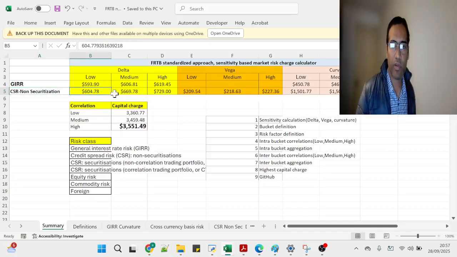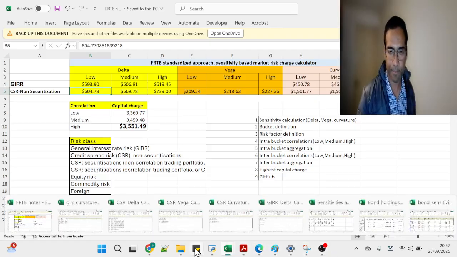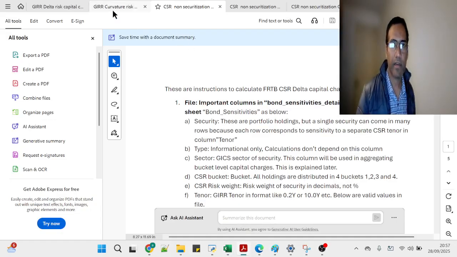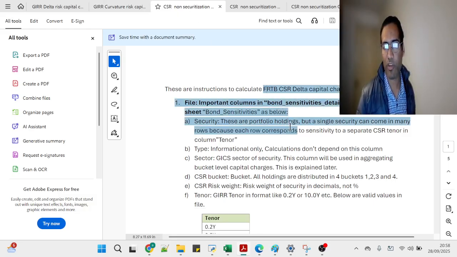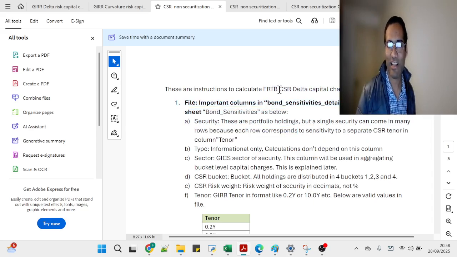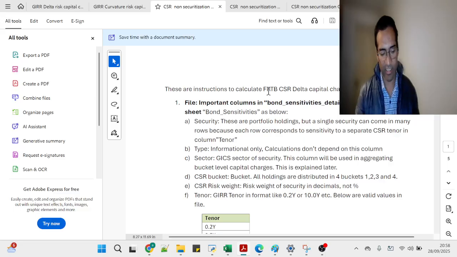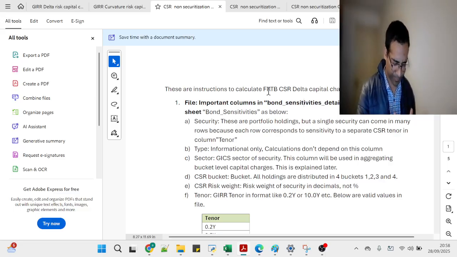And how do you calculate delta for CSR? That's the main point. Let's see. I think this is the delta CSR. You must be wondering why I used the bond's GIRR delta as CSR delta. I used the FRTB GIRR delta as CSR delta because interest rate has two components: risk-free rate and credit spread rate.